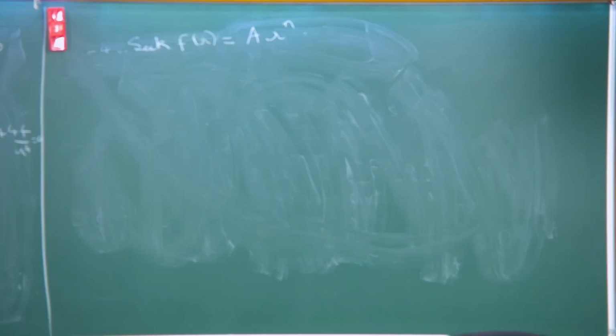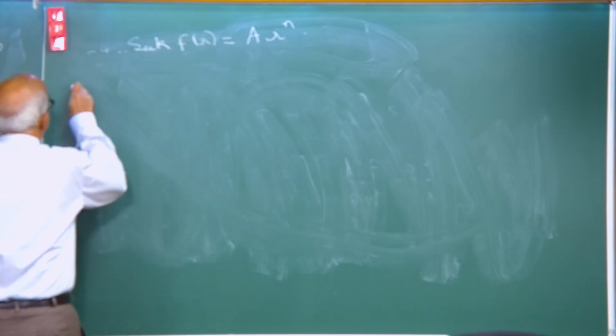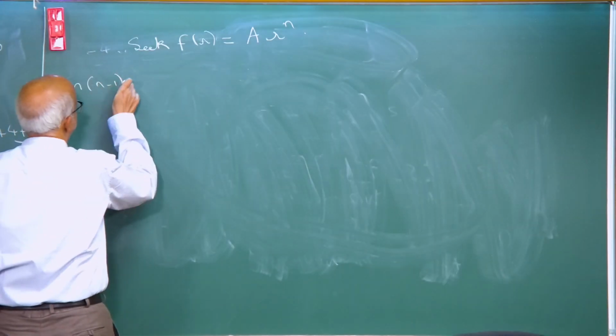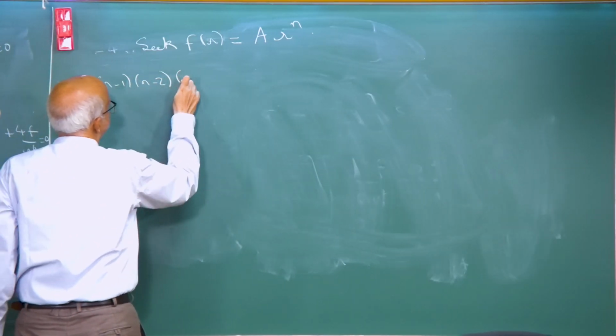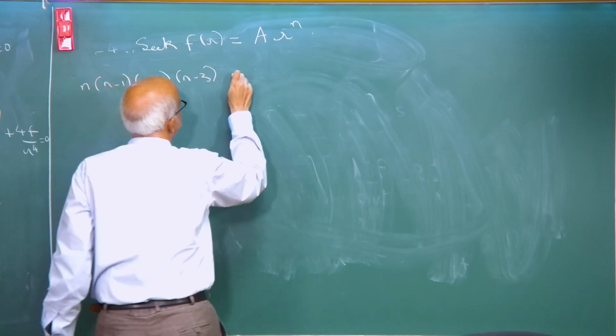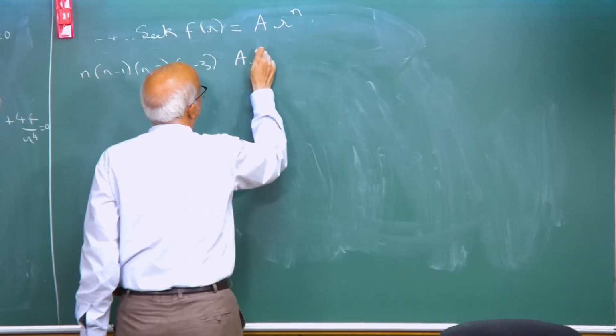So, with the fourth derivative, what do you get? n times n minus 1 times n minus 2 times n minus 3 times a r to the power n minus 4.